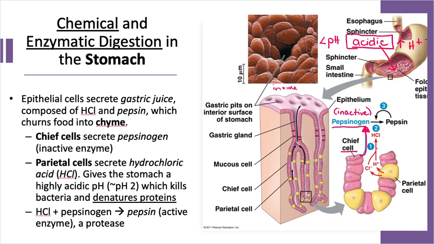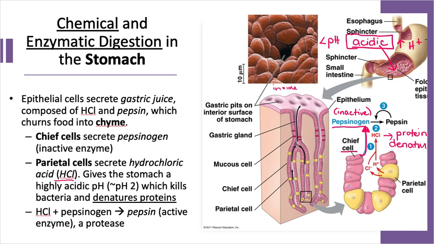So this does two things. The first thing is that the hydrochloric acid starts to denature proteins. So protein denaturation is when the quaternary and tertiary structure and secondary structure comes apart and the proteins start unfolding.